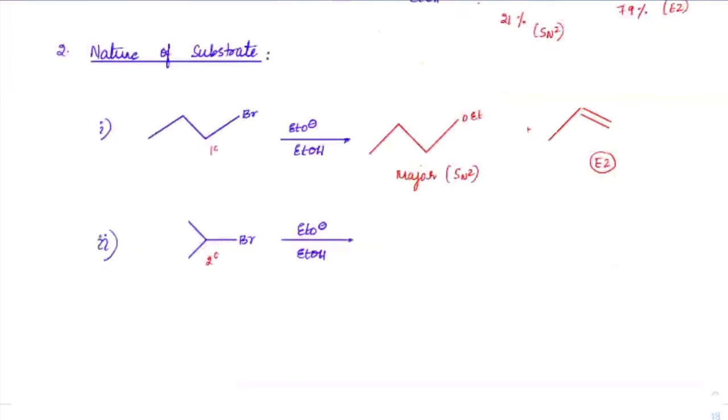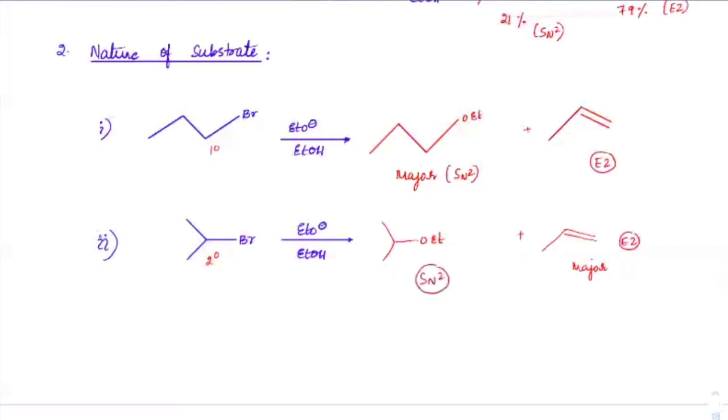If it is a second degree, we just learned that OEt plus elimination will happen, and this is the major product. This is due to E2 and this is due to SN2.